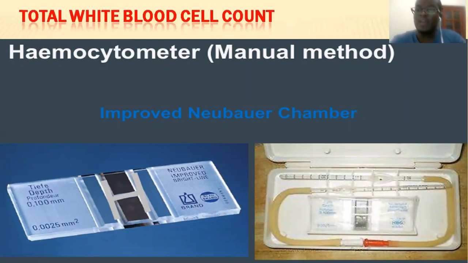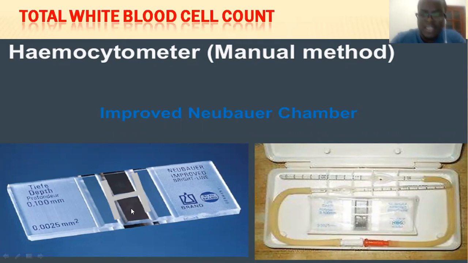Remember, when you're looking at total red blood cell count, we also use the improved Neubauer chamber, but there were different squares we were counting from. For the red blood cell, we concentrate on the larger square at the center of the other squares. In this portion where you do the recording of white and red blood cells, there are about 9 bigger squares.